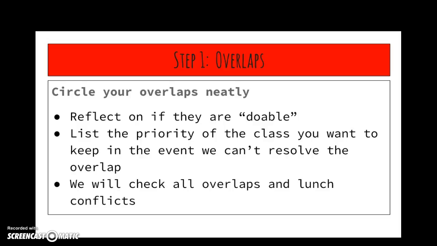And then we'll check over all overlaps. Everything that's circled we'll check over. So even if you say to us, no, it's doable, you can leave it on there, we're still going to check to see if we can resolve those, and we'll let you know if we can. We certainly don't want to upheaval your whole schedule if we don't have to, but just know that we'll be checking all of them.